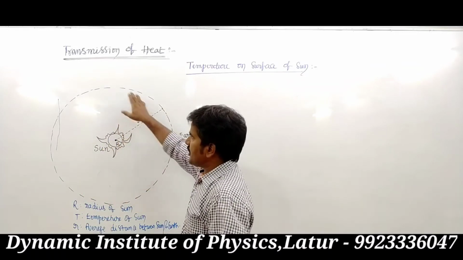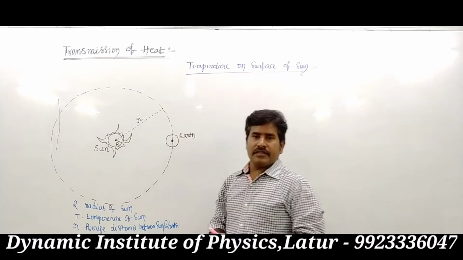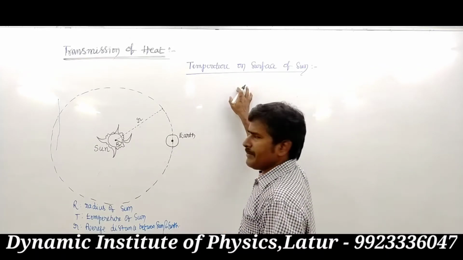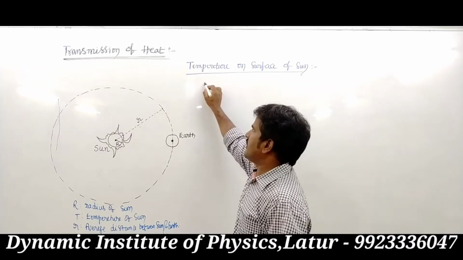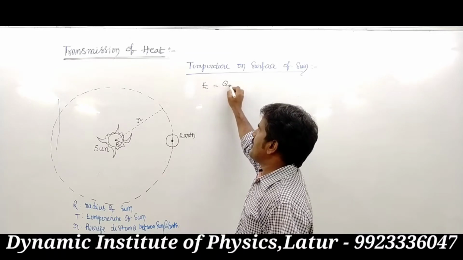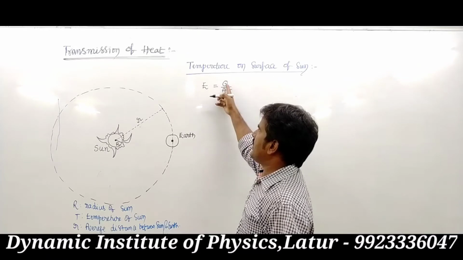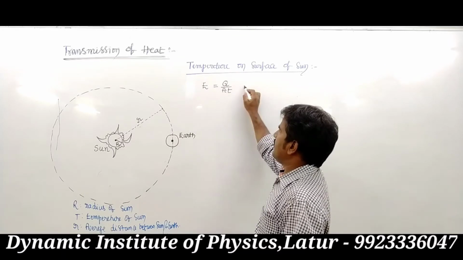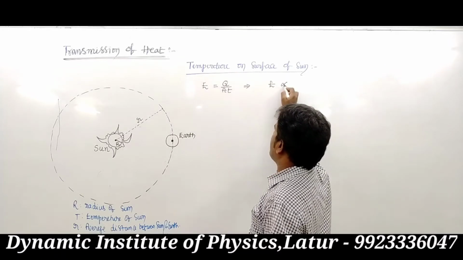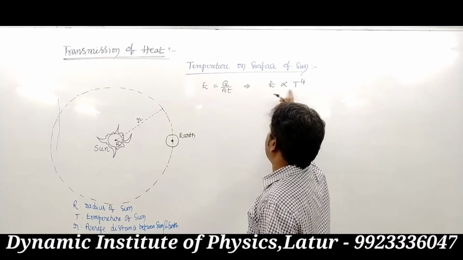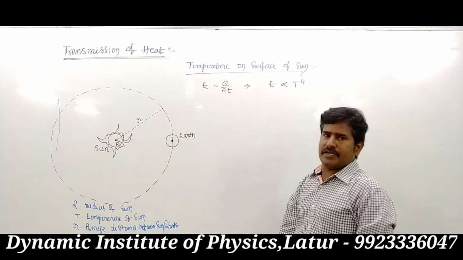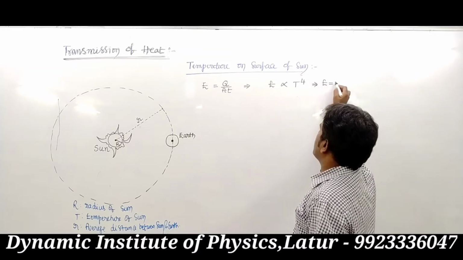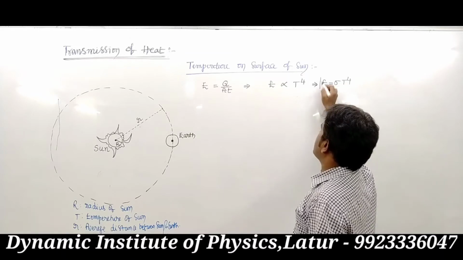Emissive power is the energy emitted per unit area per unit time, that is, Q upon A T. Emissive power is directly proportional to the fourth power of the absolute temperature: E proportional to T power 4, so E equals sigma into T power 4.